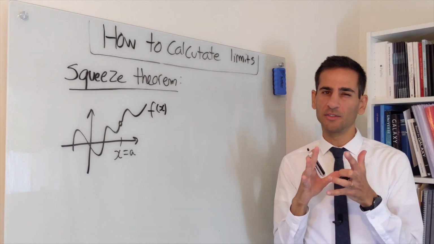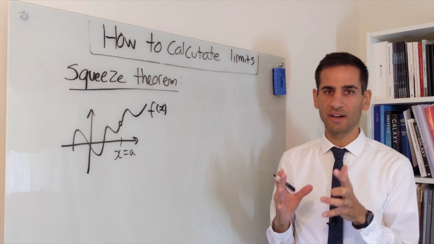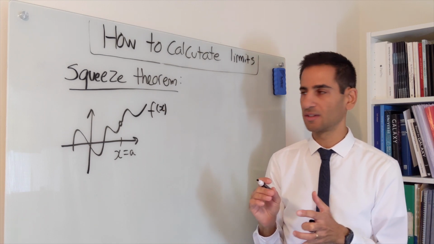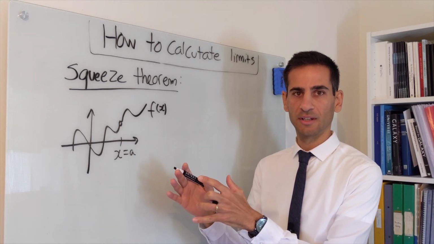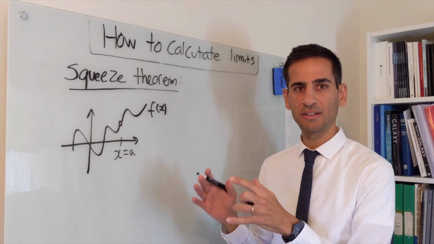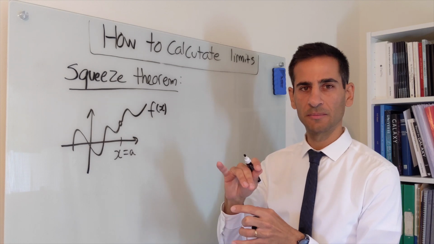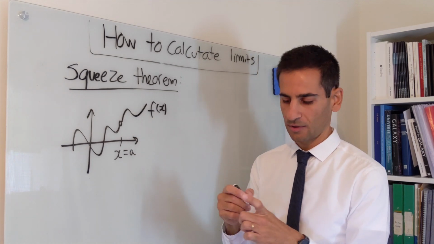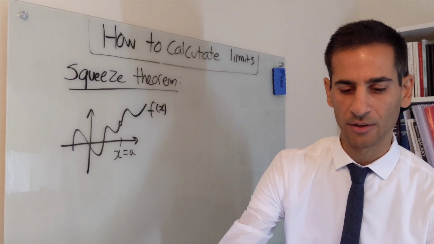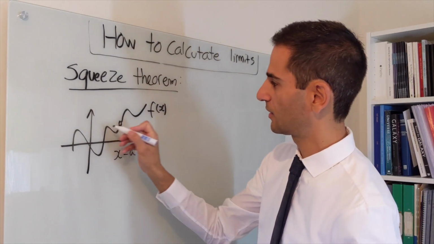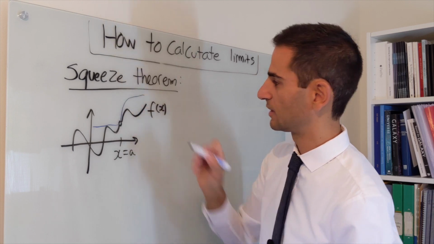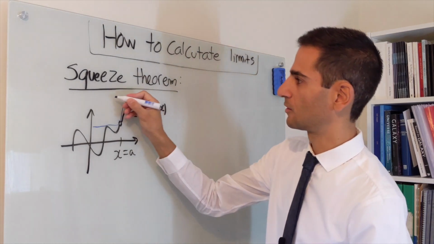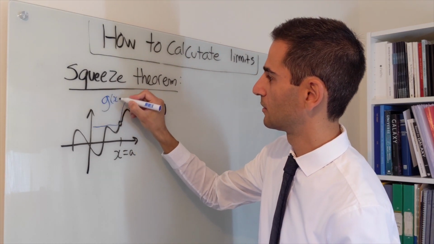Now, a way to try to do this is if we can find two functions, say g of x and h of x, that bracket the function at that point, we can actually use them to calculate this limit. So a practical example could be thinking about a function g of x that does something like this. Let's call this g of x.